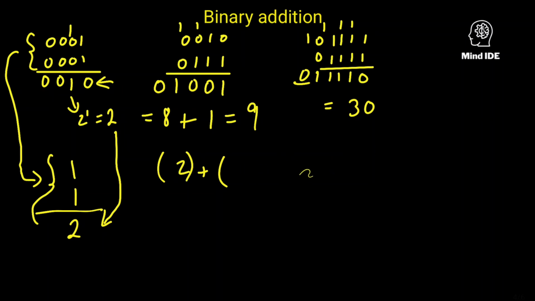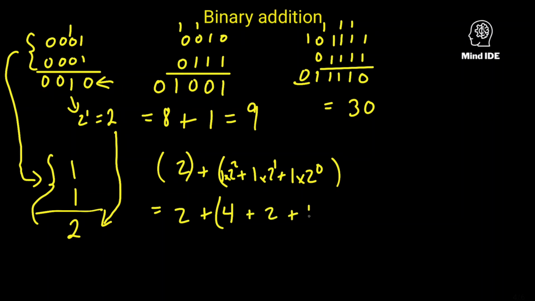So that was 1 times 2 to the 0, 1 times 2 to the 1, so 1 times 2 to the 2, which is 4 plus 2 plus 1, which is 7. 2 plus 7 is 9. So that one checks out.